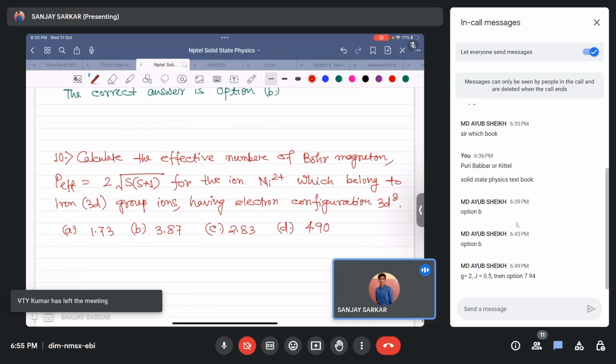So first calculate S and put that in the formula. Please do it early, we don't have much time. So this will be the last question for today.